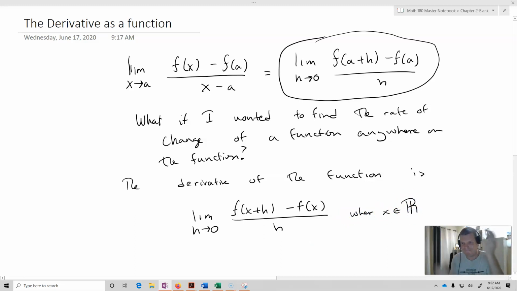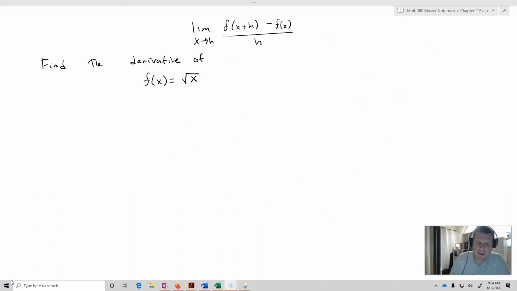But it's a variable. So we're going to find the derivative for any x at all. So here's our definition of the derivative.